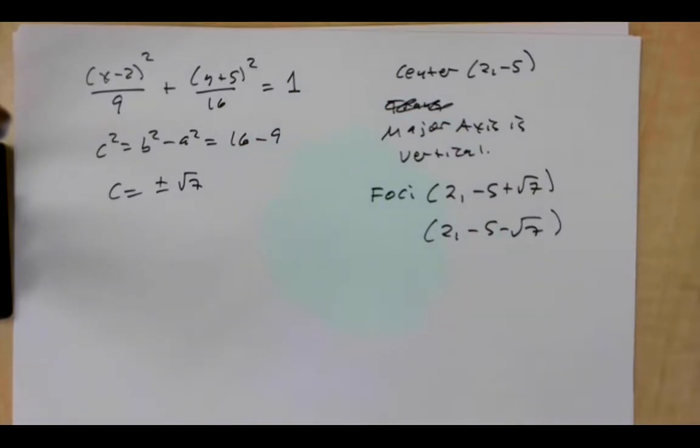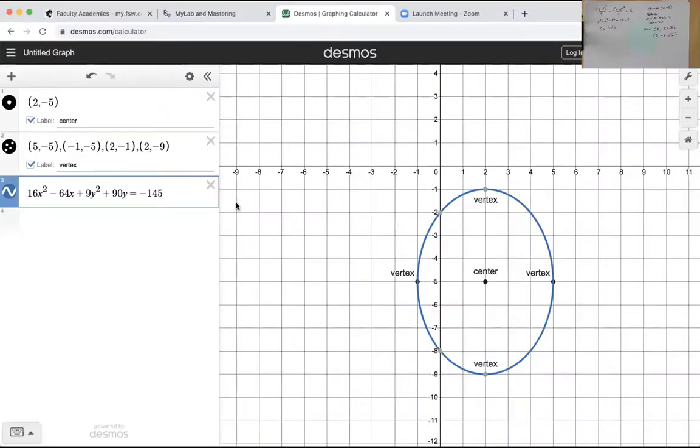So let us see if that is the case. Let's take a look at that as we pull up Desmos. So our 2 foci will be 2, -5 plus square root of 7. That's one of them.